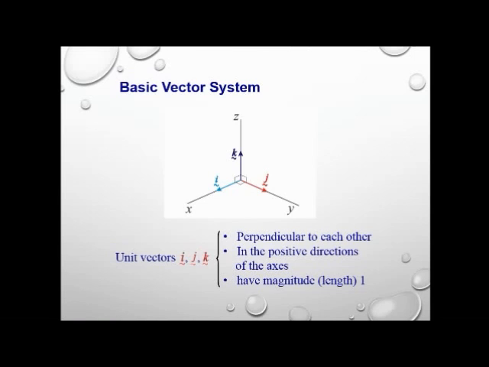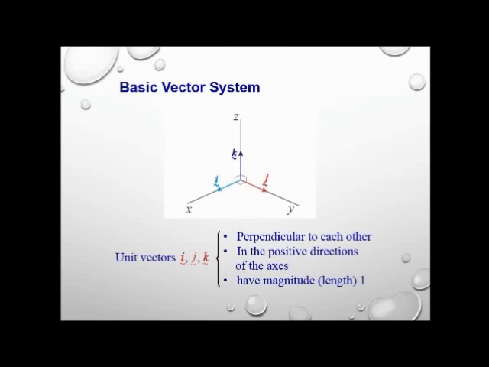Now talking about the basic vector system, we have already presented a review on vector calculus covering the simple parts, the cross product, dot product and those important parts. The basic vector structure consists of 3 axes in 3 dimensions, with i, j, k, which are the unit vectors.